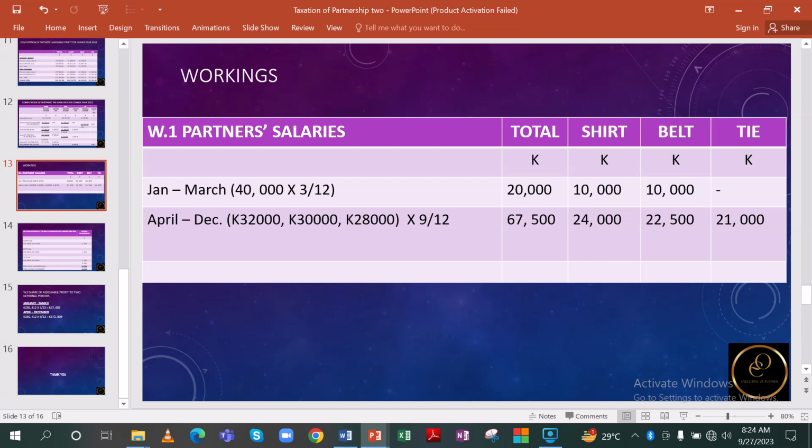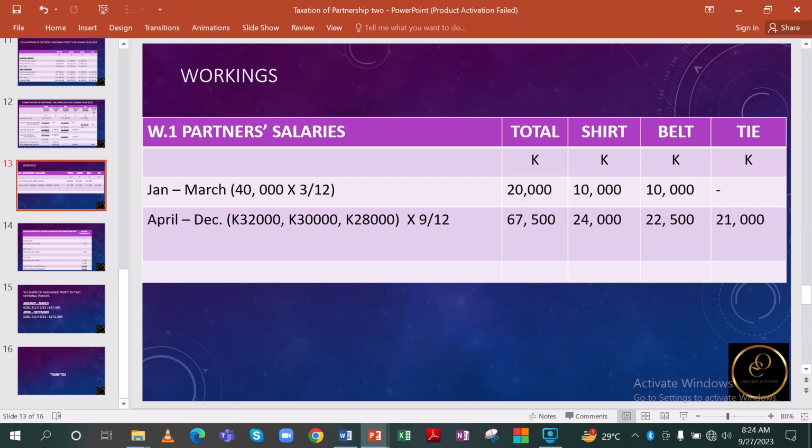So what happened in this particular case is that for the charge year 2023, shirt got a total of 10,000 plus 24,000, that is 34,000. Belt got 32,500. Tie got a total of 21,000 because he came in the last period, which is 9 months.